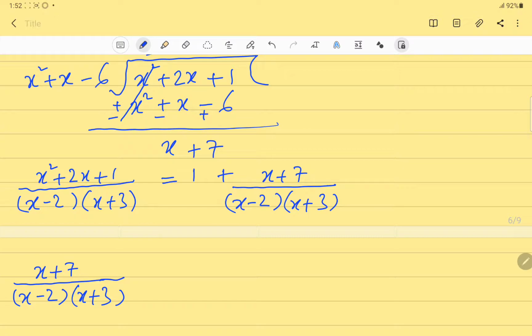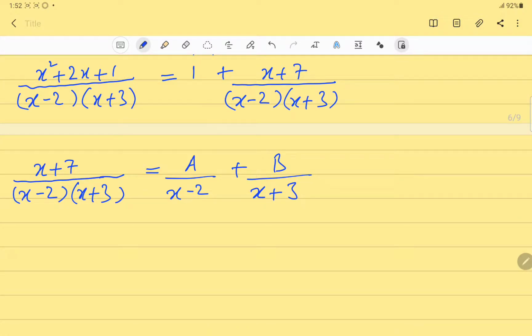Since both the factors in the denominator are linear factors, we simply have to introduce the constant only in the numerator, which will be A over x minus 2 in the first case and B over x plus 3 in the second case.